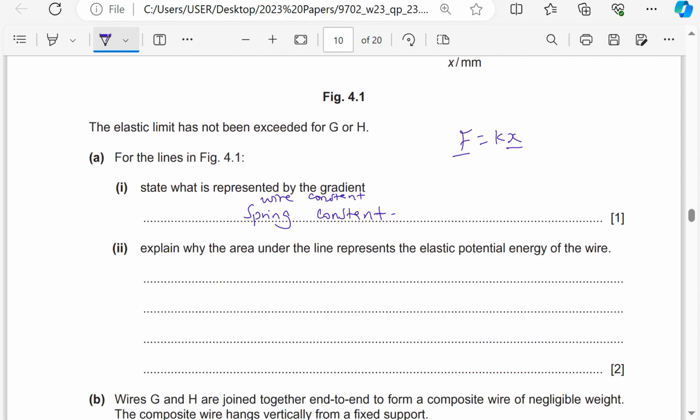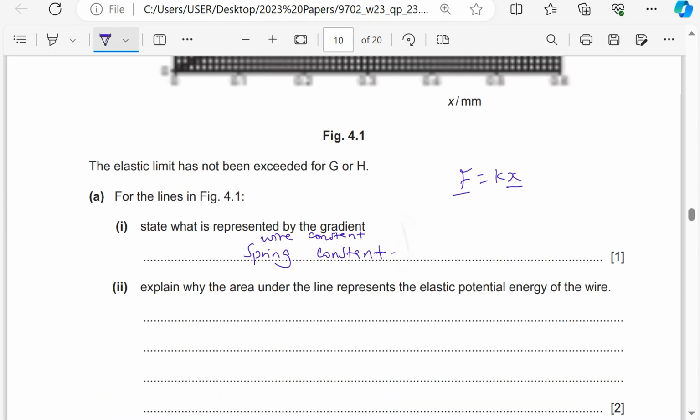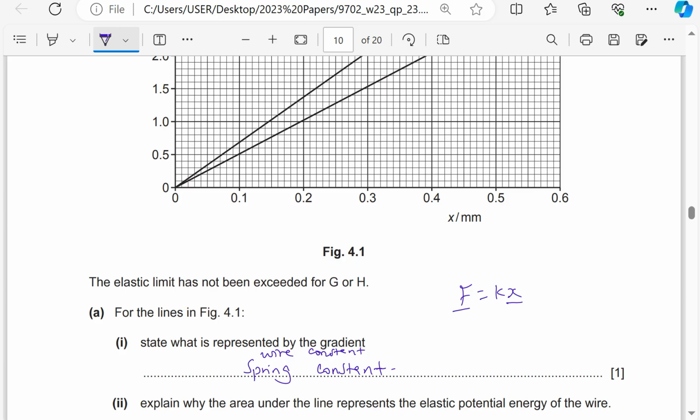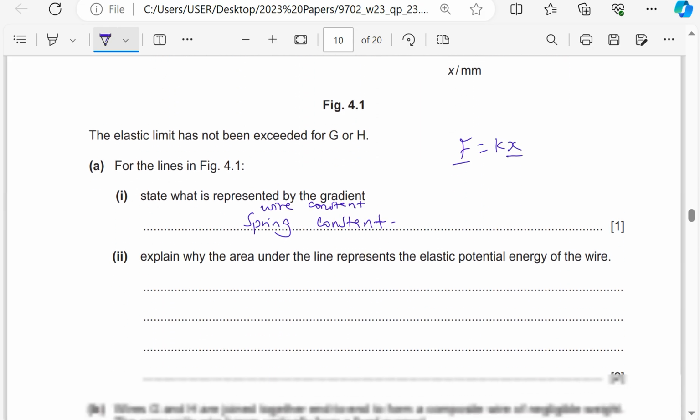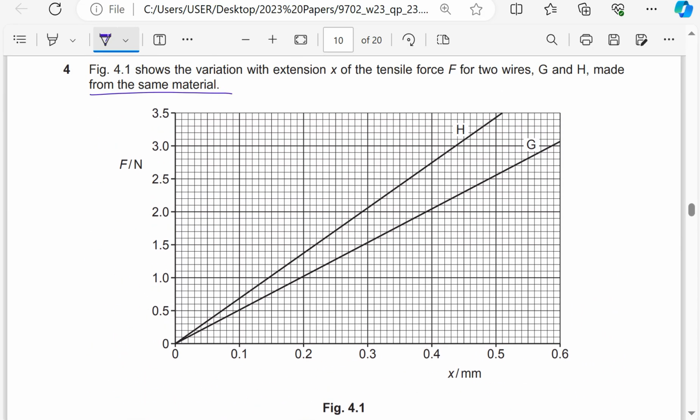Explain why the area under the line represents the elastic potential energy of the wire. Of course, the work done in stretching the wire is the elastic potential energy, and the work done is actually the area under that graph.